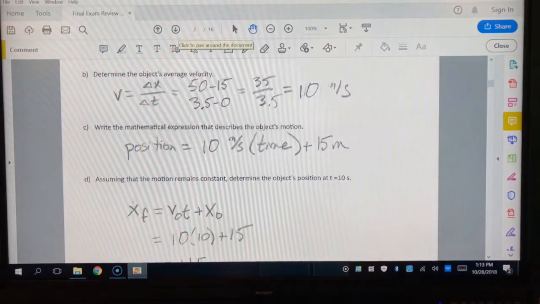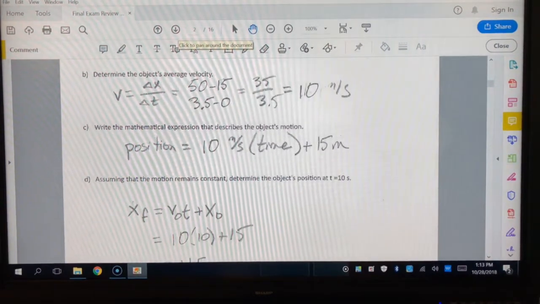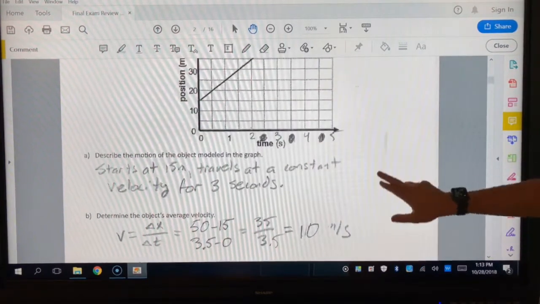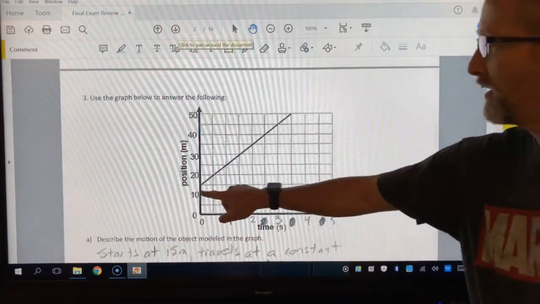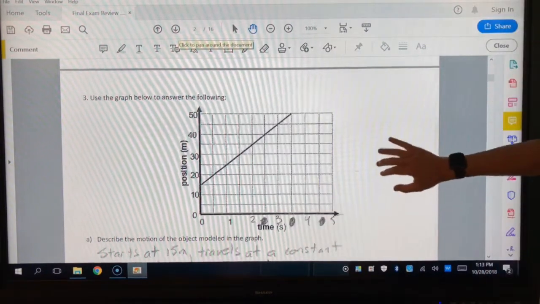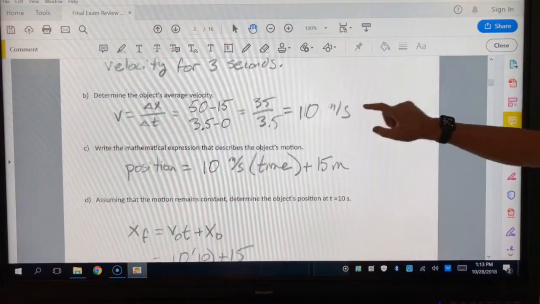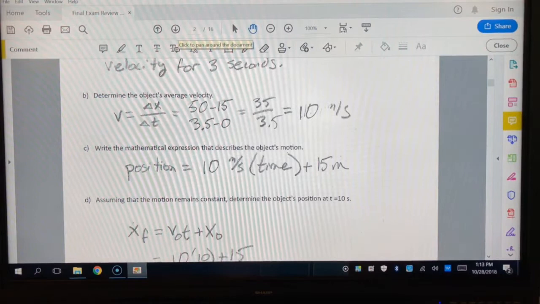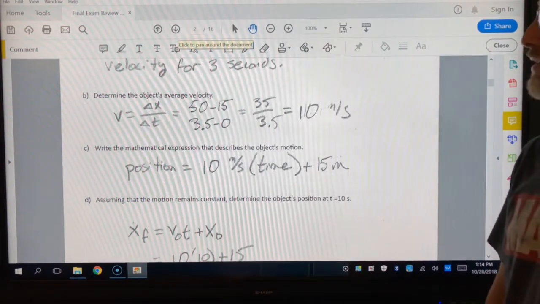So to find the average velocity, remember average velocity is the change in position over the change in time. So we're going to go 50 minus 15 divided by 3.5 minus 0. And if you do that math, you should get 10 meters per second. The mathematical expression is really just the physics equation.